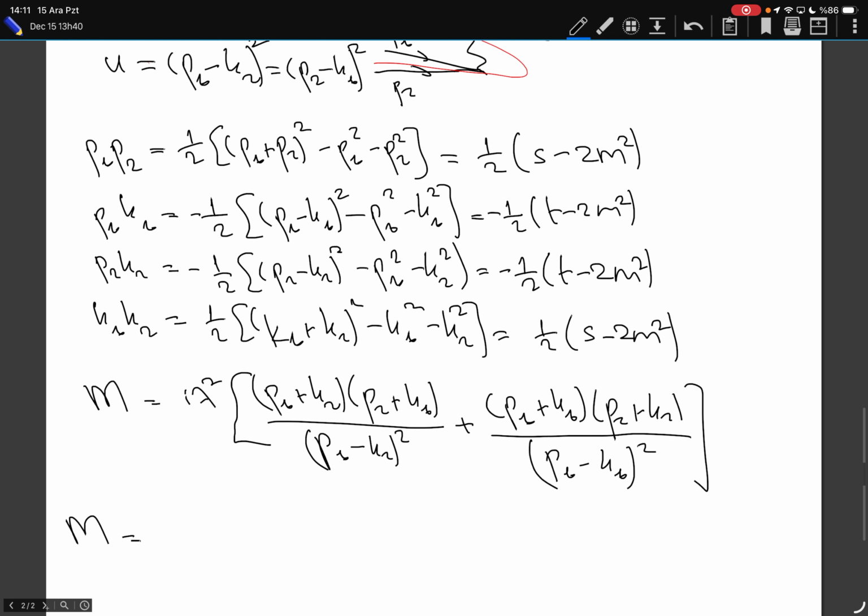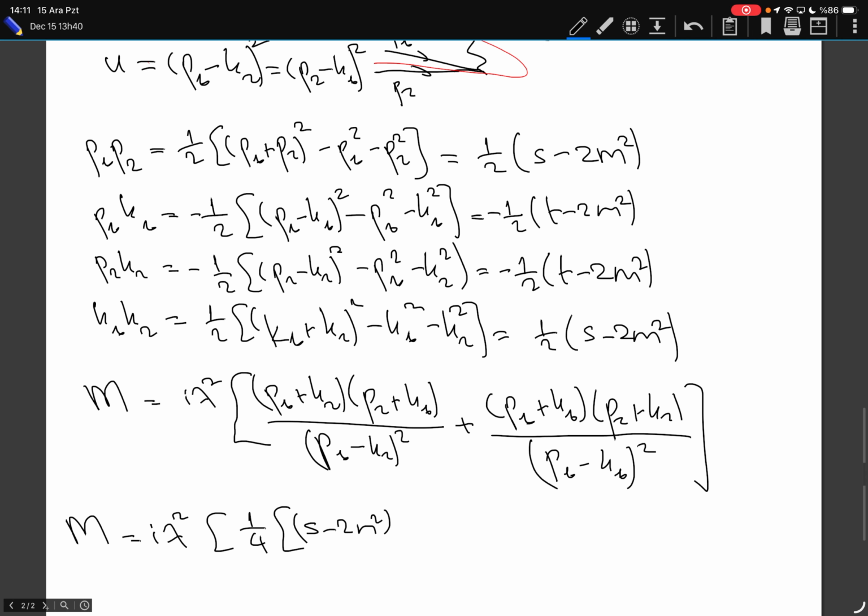M is equal to I lambda squared. Now P1, P2, and P2, P1, from both of them I will get a 1 over 2, so I will get 1 over 4. Now P1, P2 is S minus 2M squared.